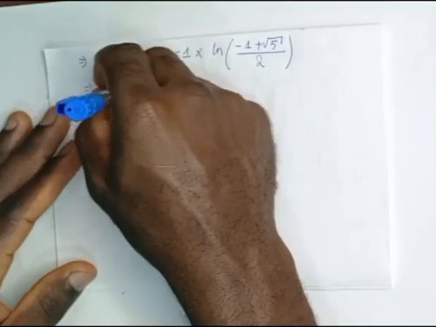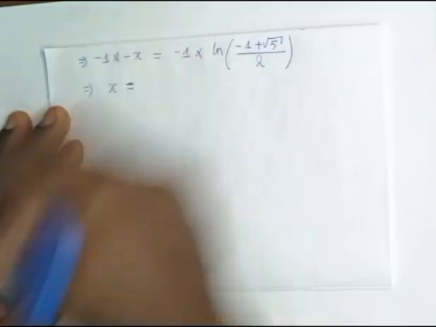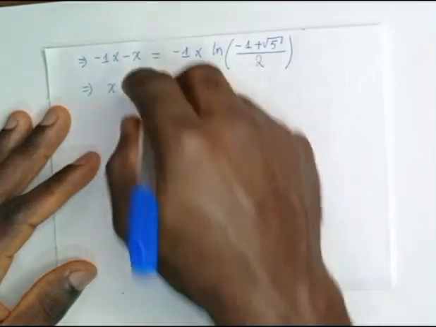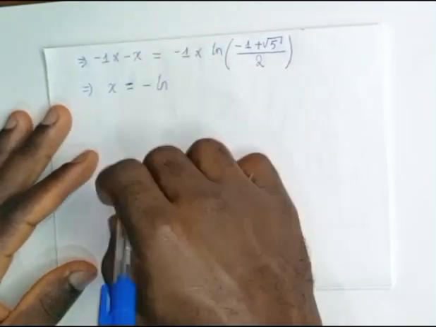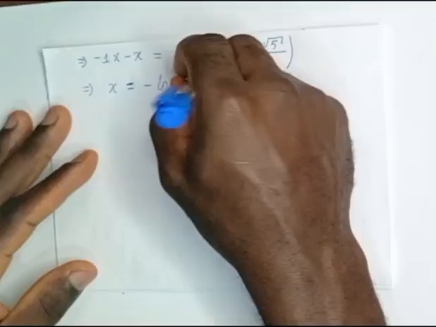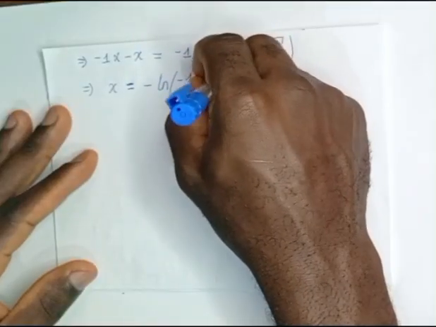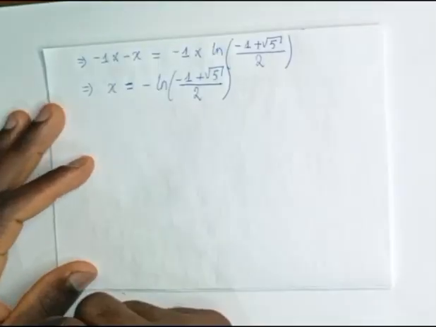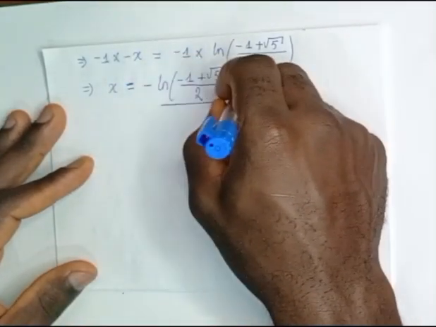Then x will simply be equal to negative ln of negative 1 plus root 5 over 2. This is the value for x.